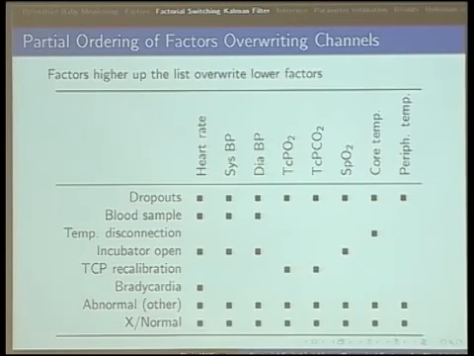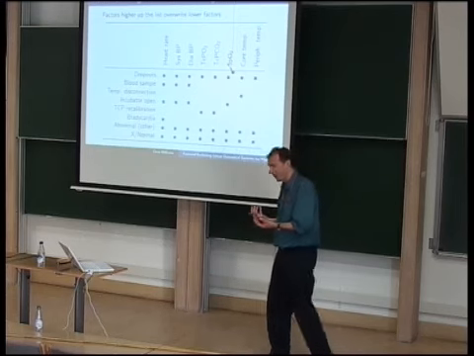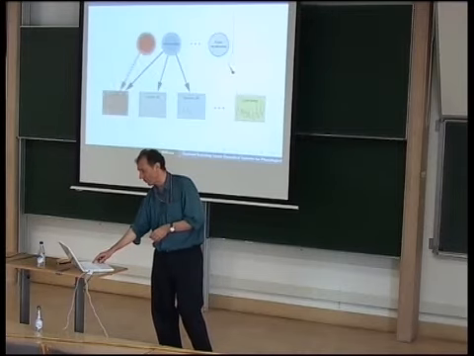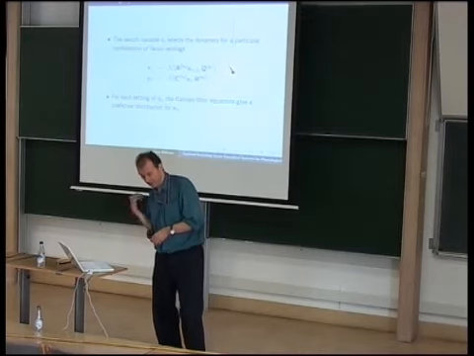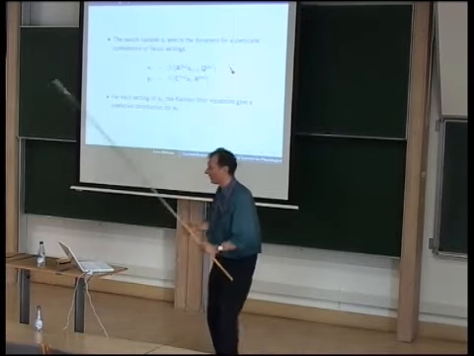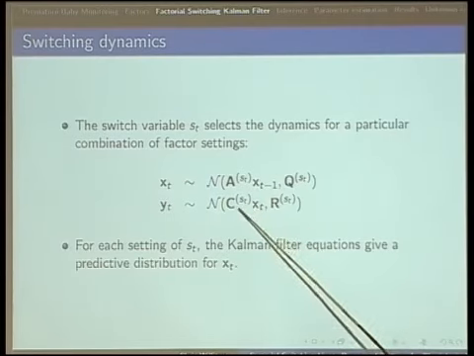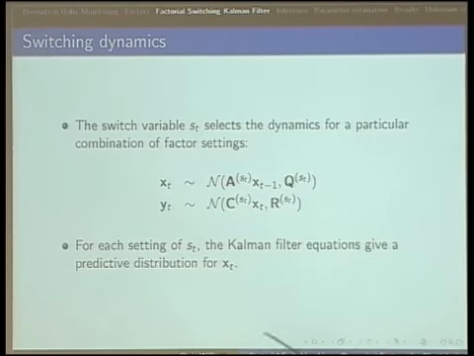The problem is, of course, that if we've got this set of factors, we have to have some model for the system dynamics and also the observation matrix, conditional on all those different factor settings.